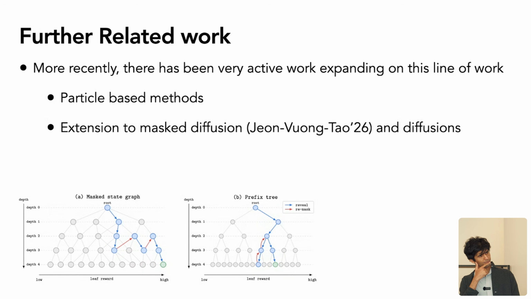This is actually an illustration from their paper. It's super nice. As you go from left to right, you have high reward, and what this is trying to indicate is how you could search for a high reward element in this tree using these algorithms. This is a nice illustration.